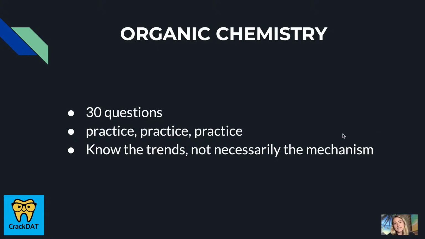So organic chemistry, this one is honestly all about practice. One thing I want to preface is that I had a really strong background in organic chemistry, but I was taught in a way that really emphasized the mechanism of the reaction. So when I started studying, I was hell-bent on always trying to figure out the mechanism.